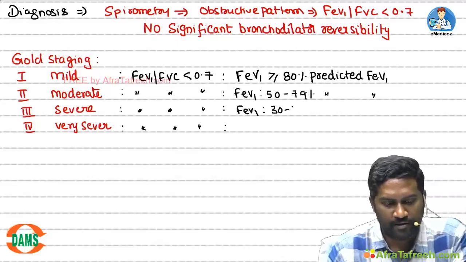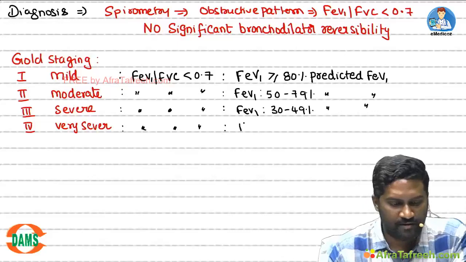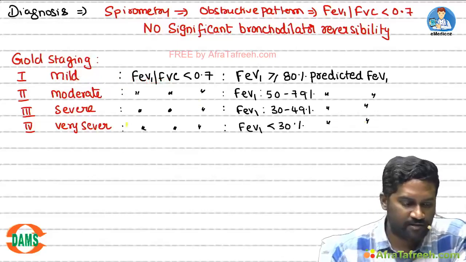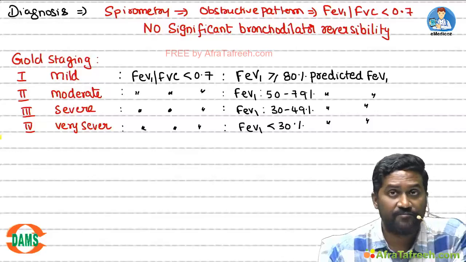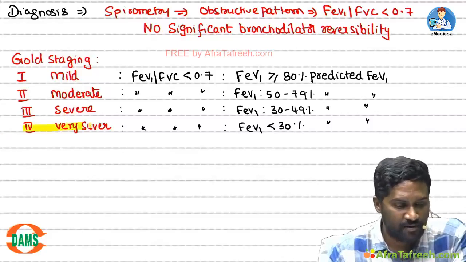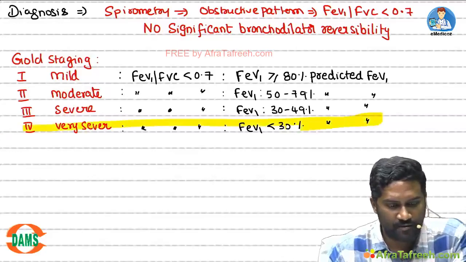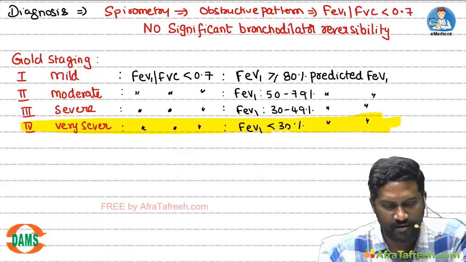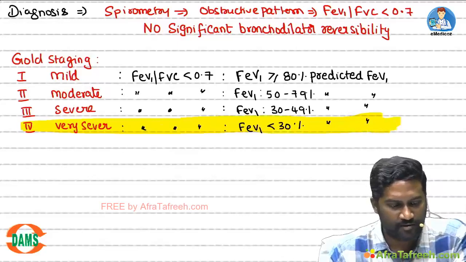Stage 3, FEV1 30 to 49% of predicted. Stage 4, FEV1 less than 30% of predicted. Frequently asked question, which of the following qualifies for very severe COPD? Your answer should be FEV1 less than 30% of predicted.